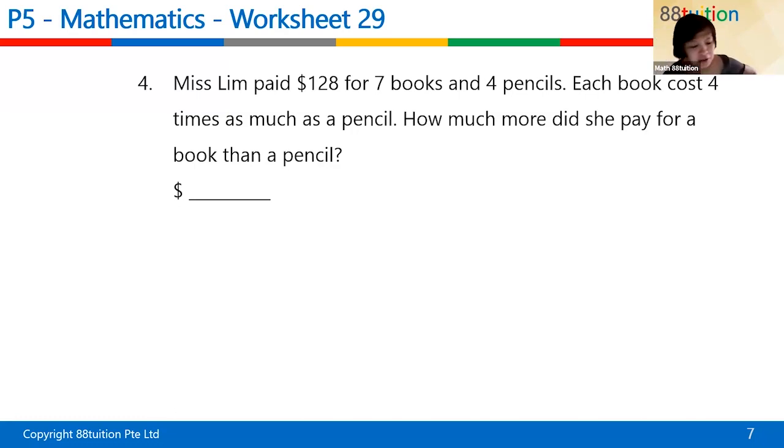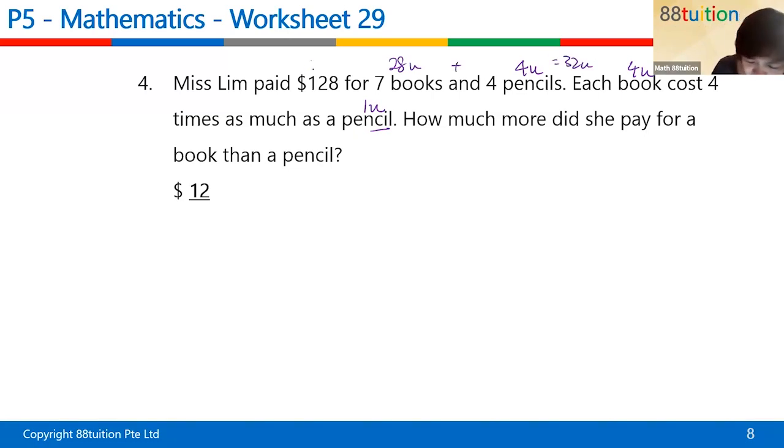It says that Miss Lim paid for 7 books and 4 pencils, and each book costs 4 times as much as a pencil. So if the pencil is 1 unit, then the cost of the book will be 4 units. So the 4 pencils must be 4 units. If each book is 4 units, then the total books will be 28 units. So when you add them up, you get 32 units, right?